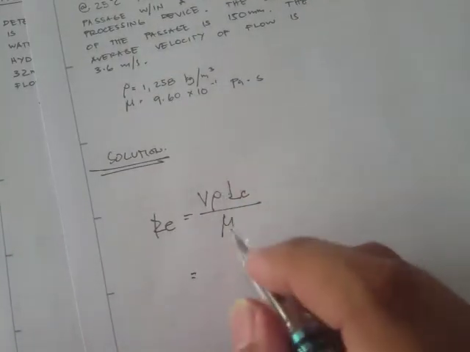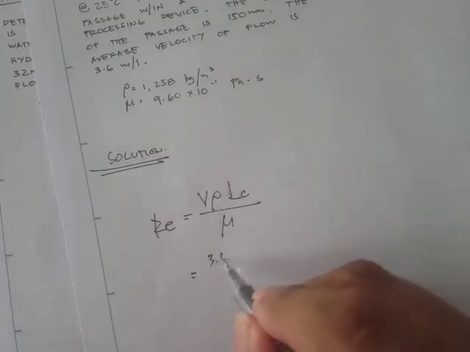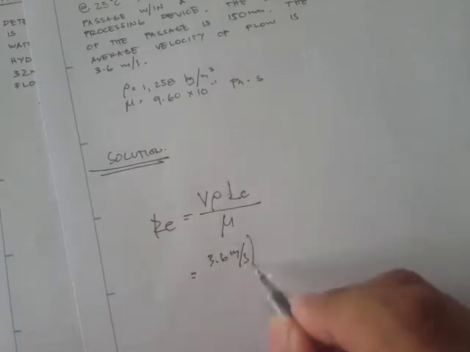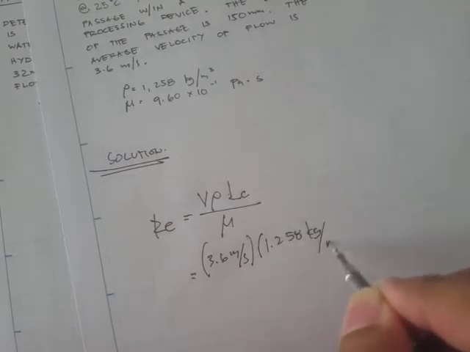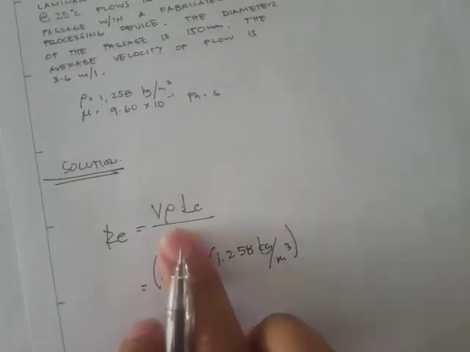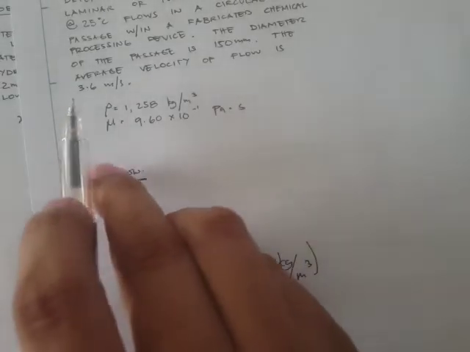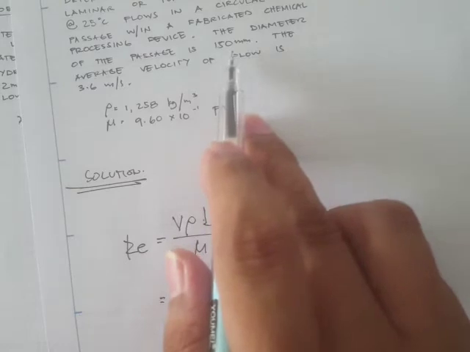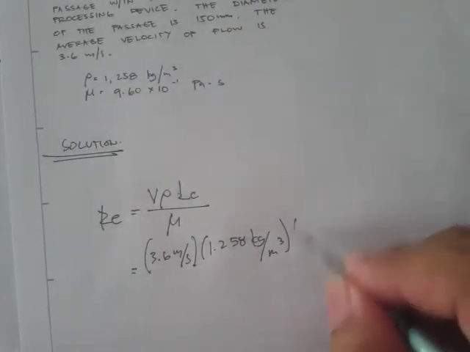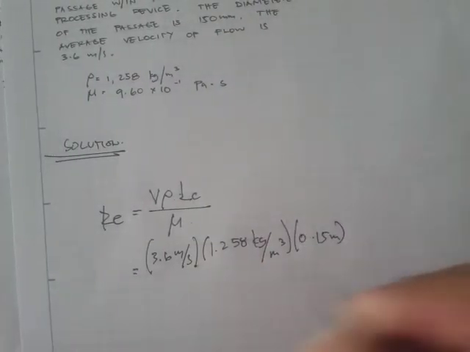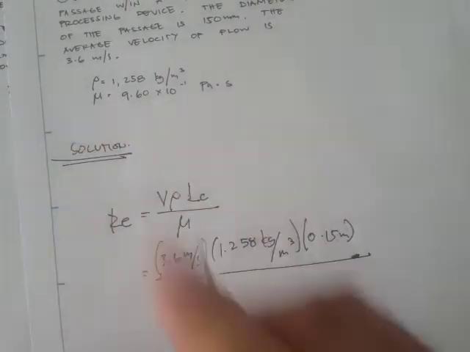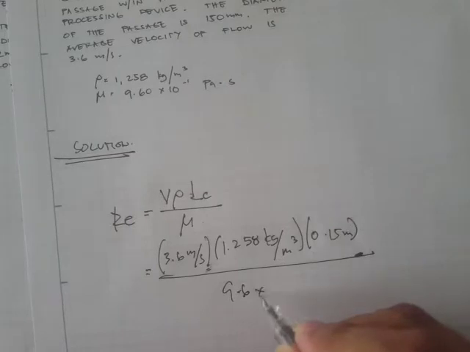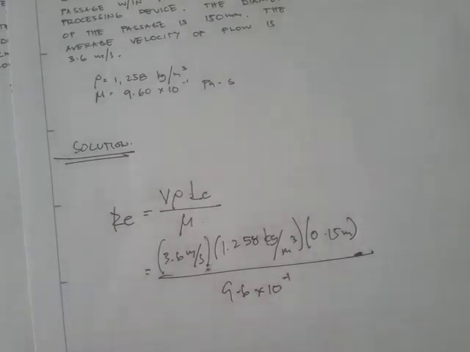The velocity is 3.6 meters per second, and the density is 1,258 kilogram per meter cubed, times the diameter of 150 mm, which we convert into meters, so 0.15 meters, divided by the dynamic viscosity of 9.6 times 10 to the negative 1.